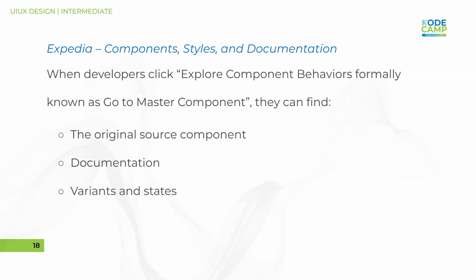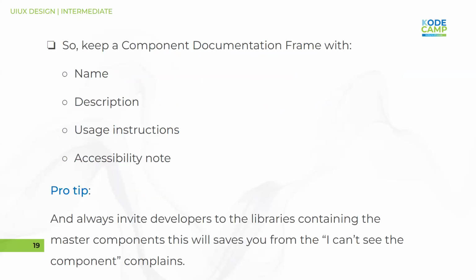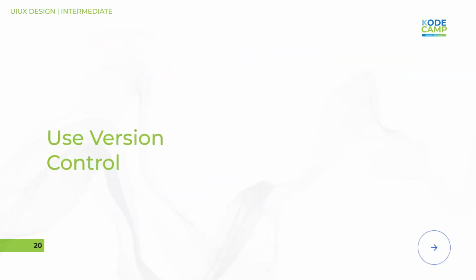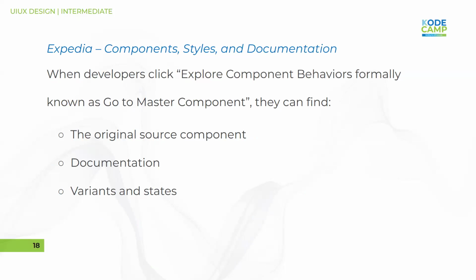So let's look at Expedia also as a case study. If we look at Figma, do I have that image here? I think I don't. When we are using dev mode, I'm going to show us that particular section, as we go to the practical part of this.